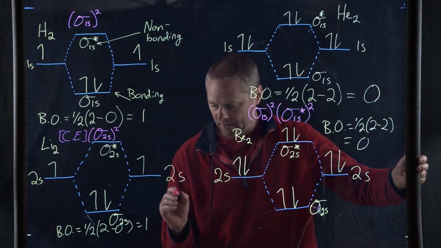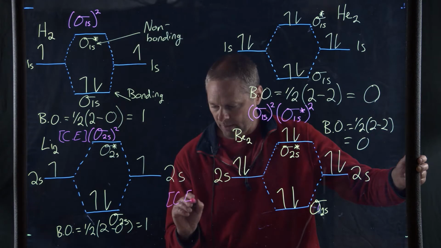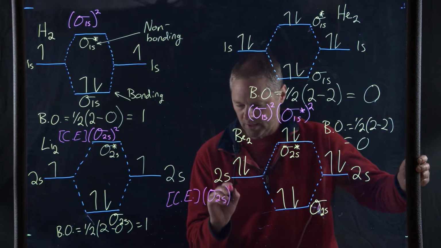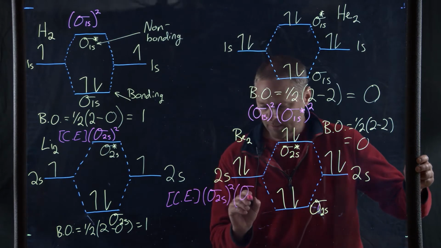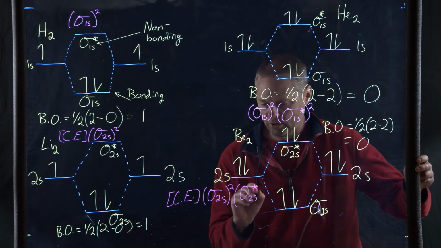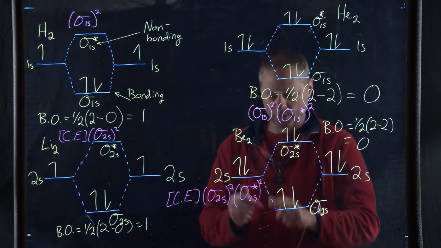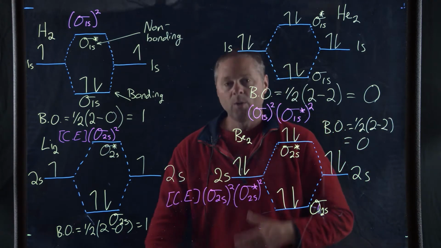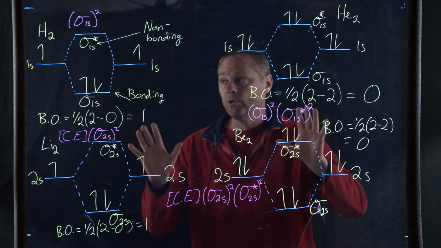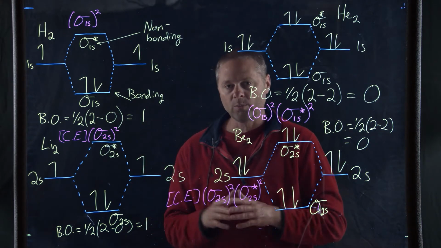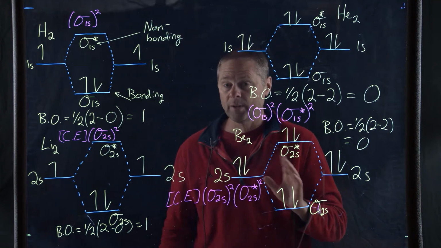If we write it here, it's going to be the core level electrons, then sigma 2s2, sigma 2s star 2, because we put 2 electrons here, 2 electrons there. That's what the 2's represent. When I come back from this, we'll move on into boron. That one's going to be quite a bit different, okay?